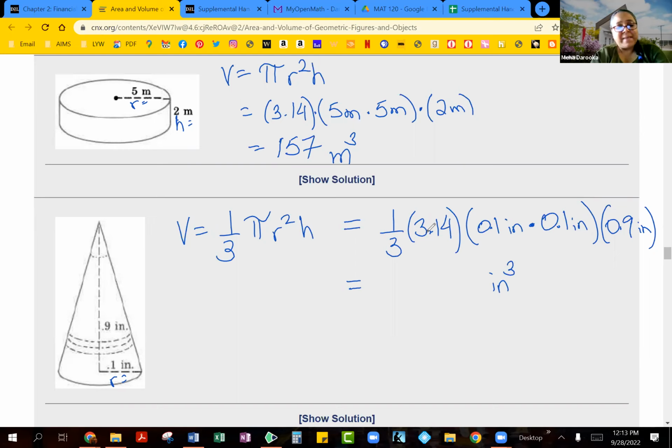And then at the end, just divide by 3 to get your final answer. So you can treat that 3 as everything being divided by 3. So just do 3.14 times the radius square. So 0.1 times 0.1, and then 0.9 for the height. And then once you get that answer, divide by 3. And that will give you your volume for this cone.